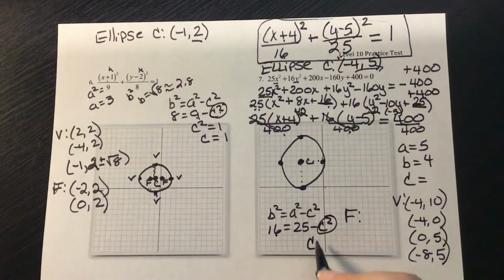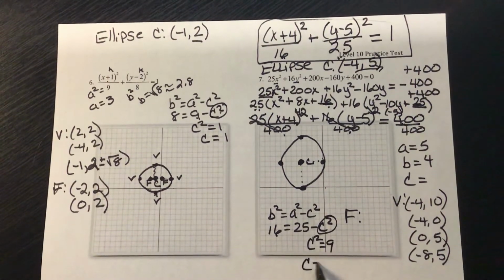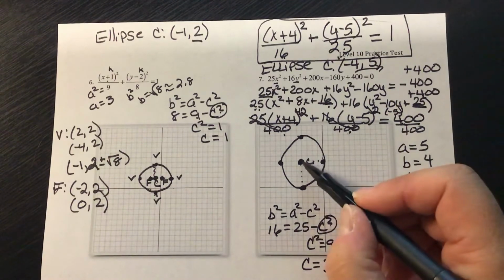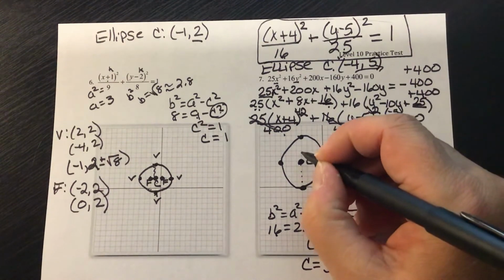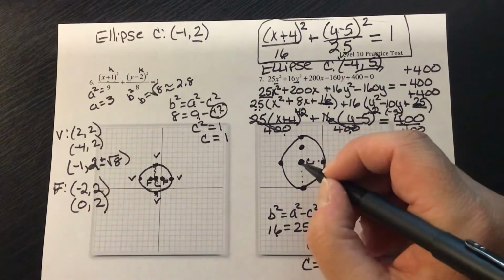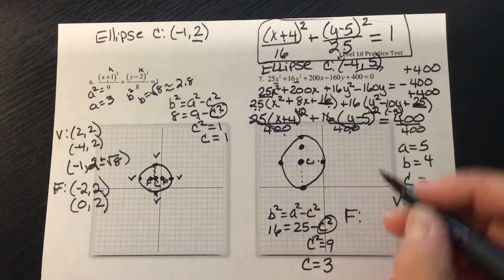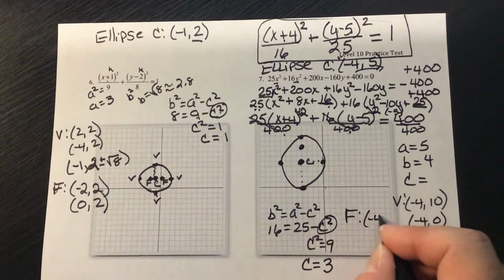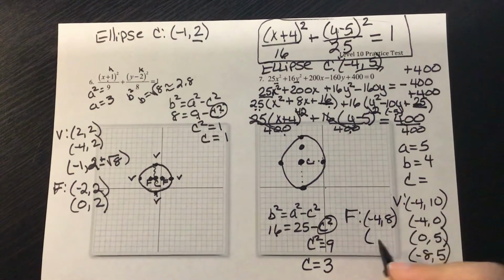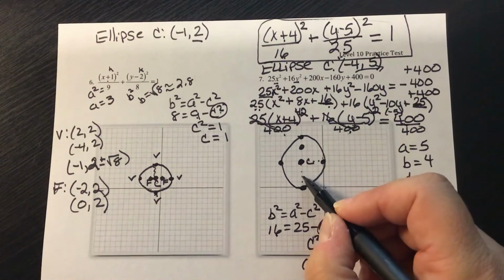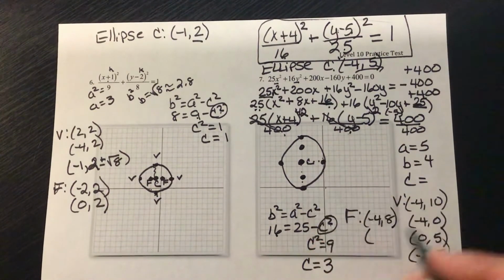So c squared is 9 and c is 3. From my center, I'm going to go up 3 units. So this is the point negative 4, up 5 plus 3 is 8. And then I'm going to go down 3 units, and this is negative 4, 2.